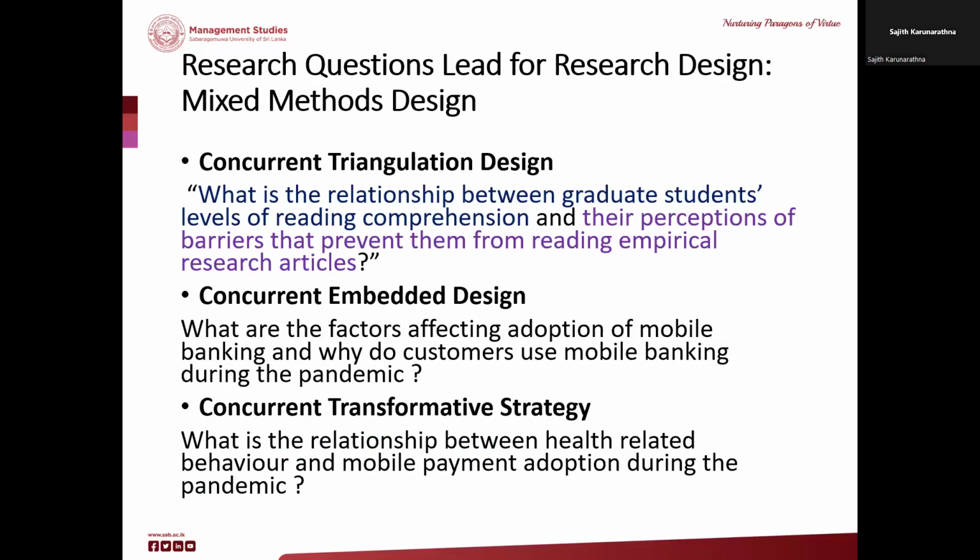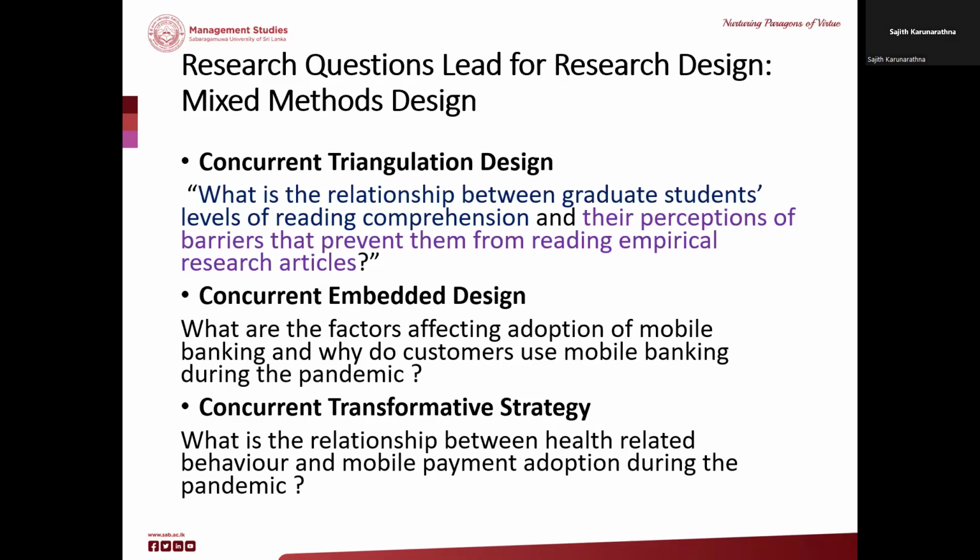The next design is concurrent embedded design. Concurrent embedded means both the phases, quali and quanti, happen at the same time, but embedded in the sense that one particular design plays the major role while the other provides a supportive role. What are the factors affecting adoption of mobile banking, and why do customers use mobile banking during the pandemic?